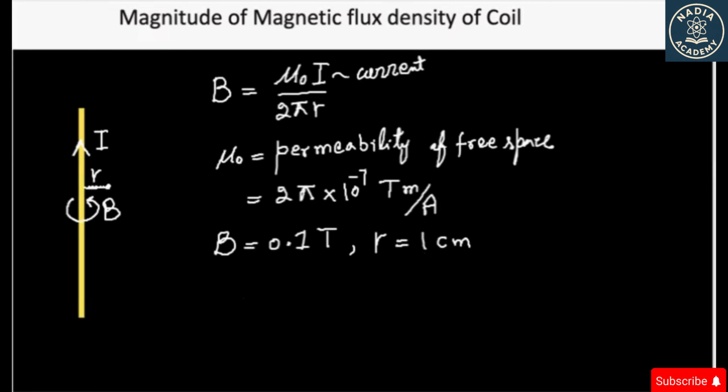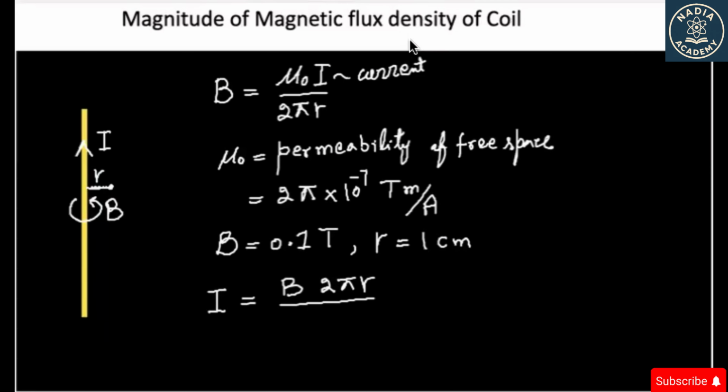Now we can rearrange this formula for the current. Then our current I will be equal to B times 2 pi r divided by mu naught.